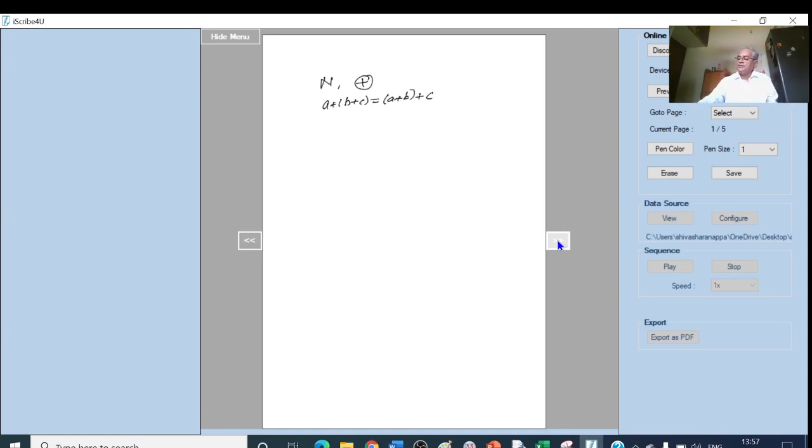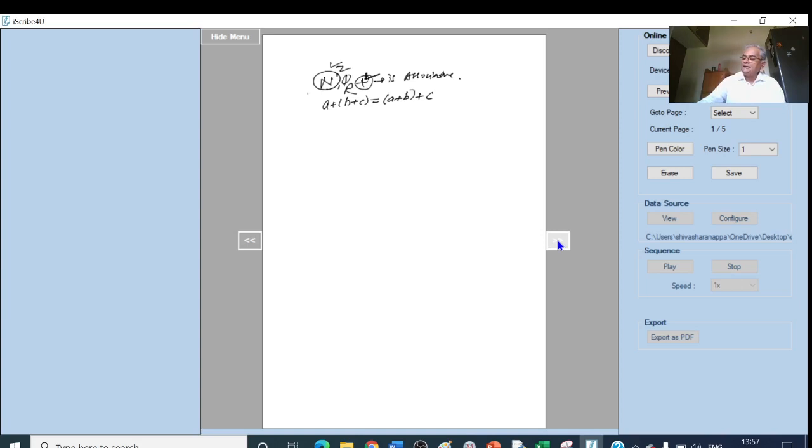Definitely, because this is addition. In any manner we can add, and not only on this set N. The associative property depends on the operation, not on the set. Therefore, our usual addition is always associative on N or Z or Q or R.